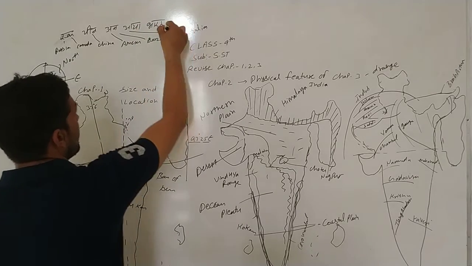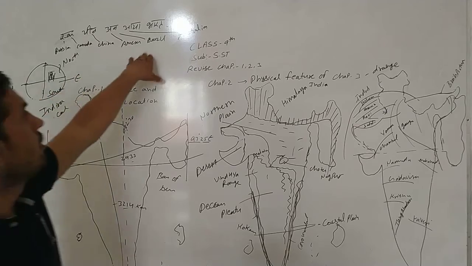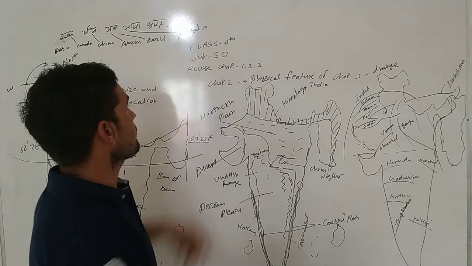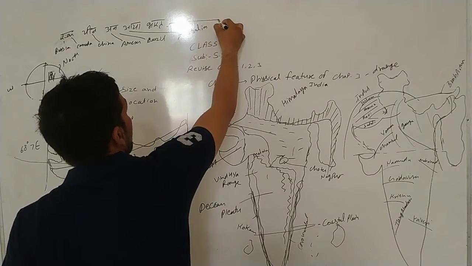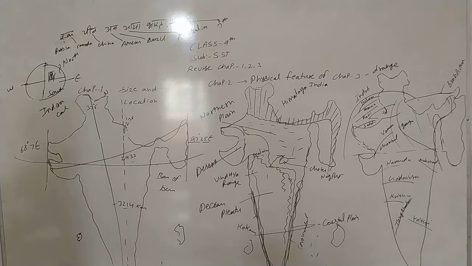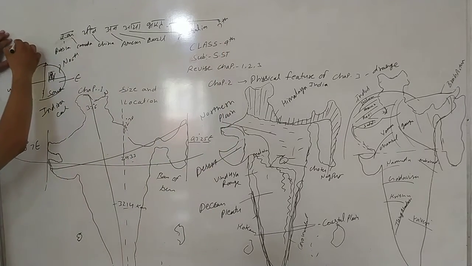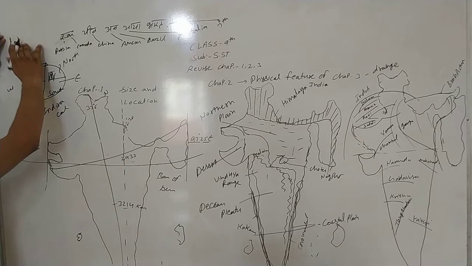After this, India comes. So India is attaining the 7th position among the largest countries in the world.